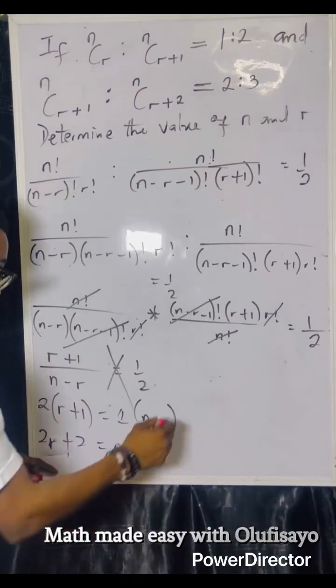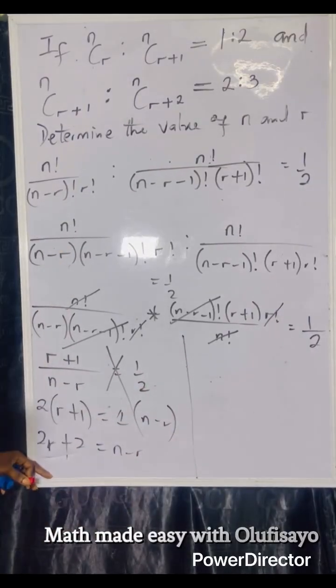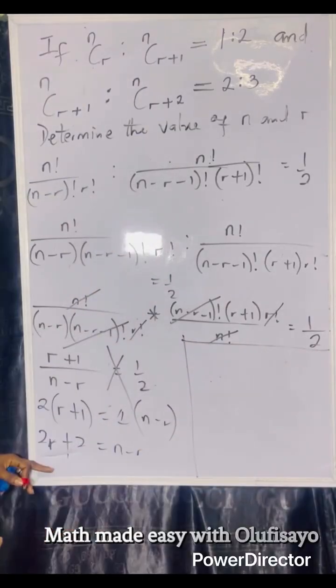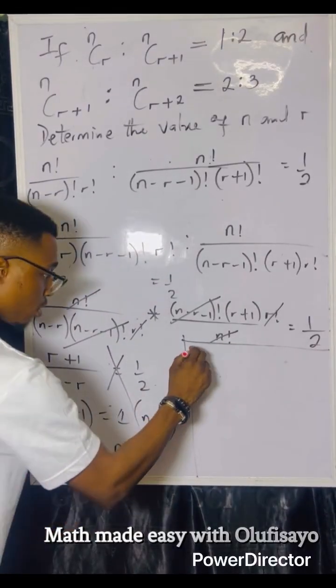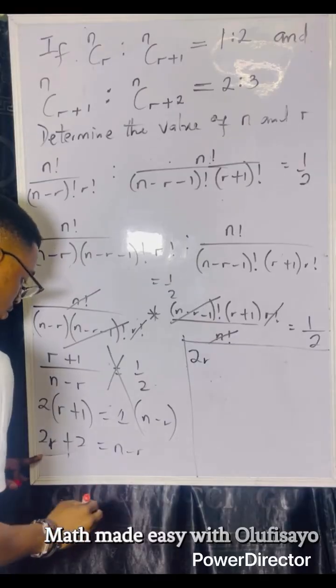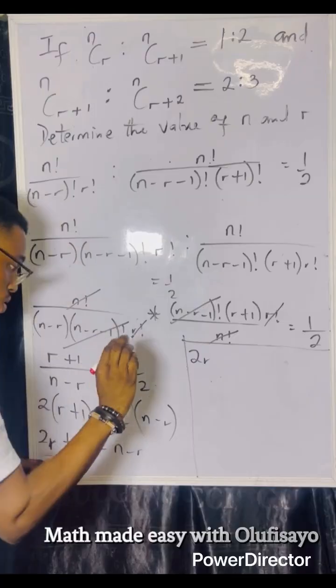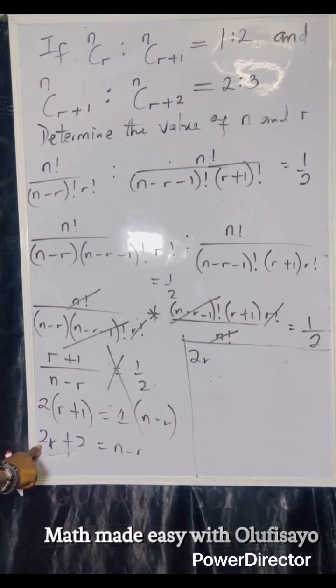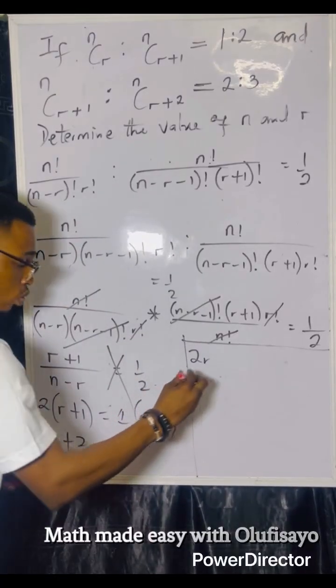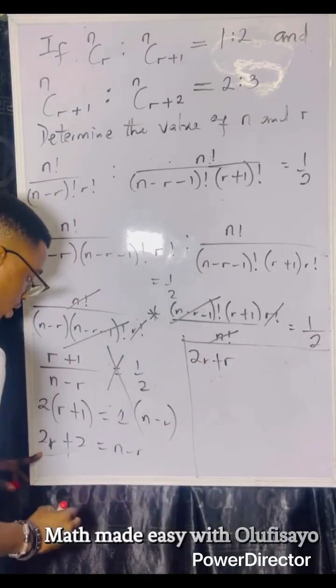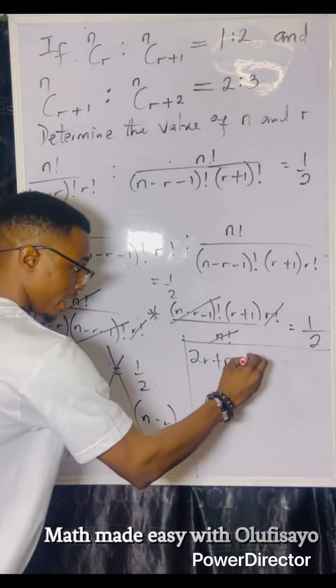Okay, so we can equally say 2r. If I move this minus r there, it becomes plus r. Then this n comes there and becomes minus n.